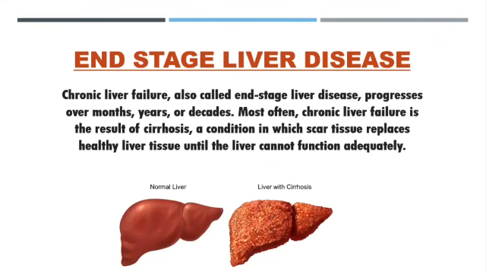End-stage liver disease is basically due to cirrhosis, and cirrhosis is a condition in which scar tissues replace healthy liver tissues. Cirrhosis patients usually die of bleeding that can't stop, serious infections, or kidney failure. Cirrhosis is basically a disorder of hemodynamics and altered renal perfusion.